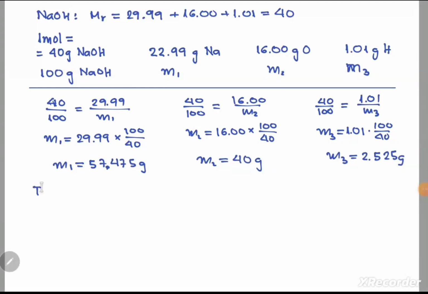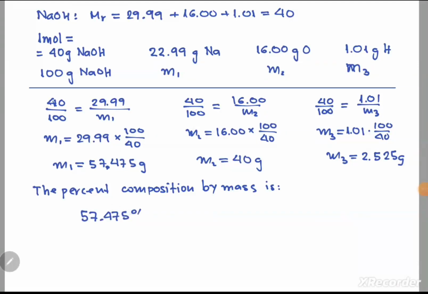So, the percent composition by mass is, and this is the result. Let's see example 7.